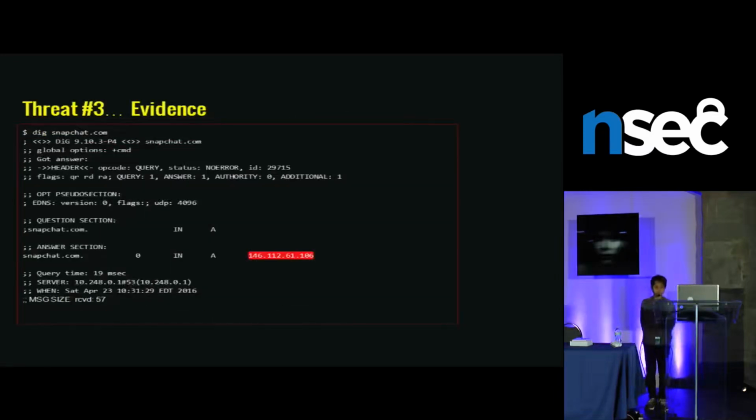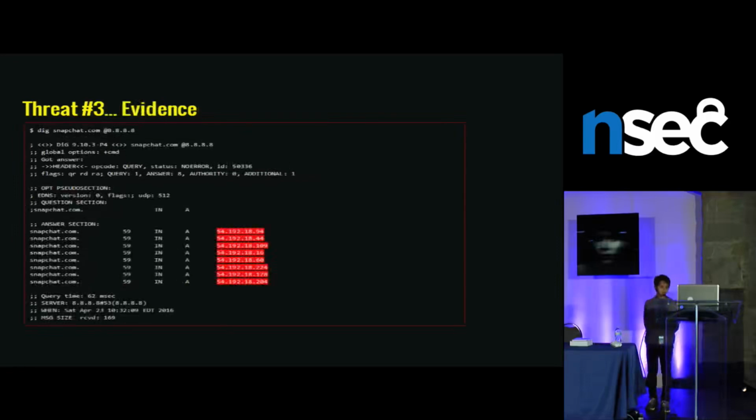So here's some evidence I gathered. This is a DNS query for snapshot.com using the default DNS resolver allocated by DHCP in my house. And it returns 146.112.61.106. This is the same query, but using 8.8.8.8, which is a Google-run public DNS resolver, and the results are completely different.